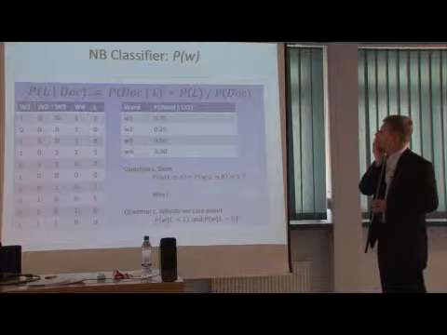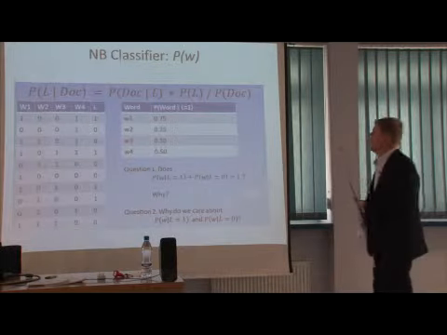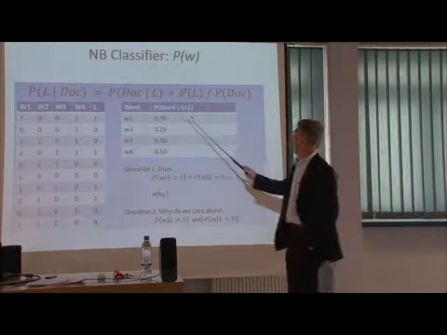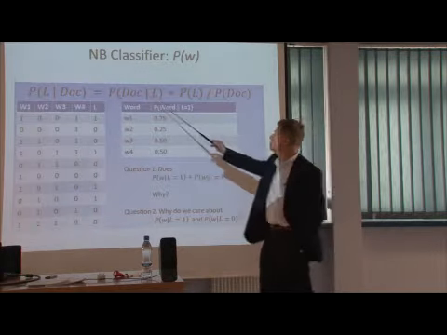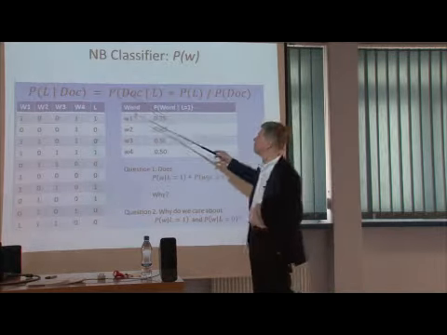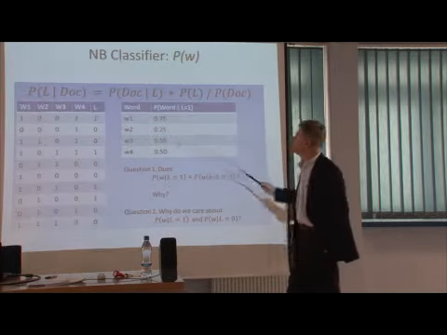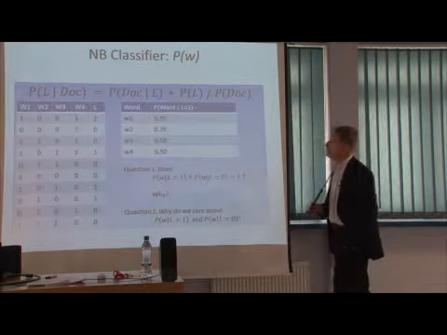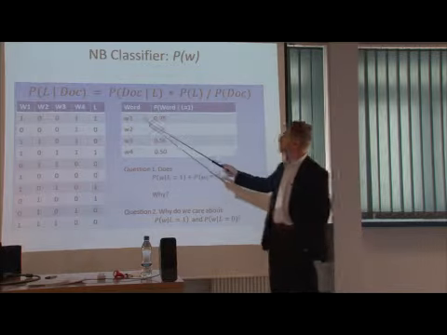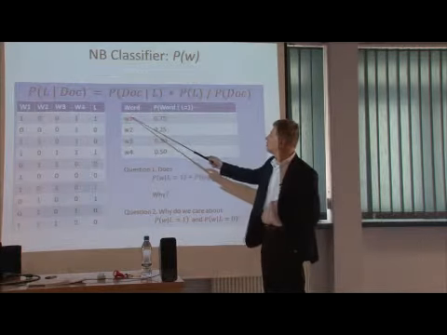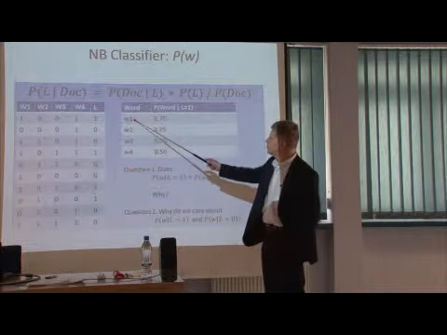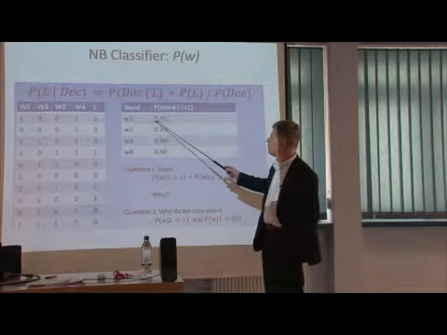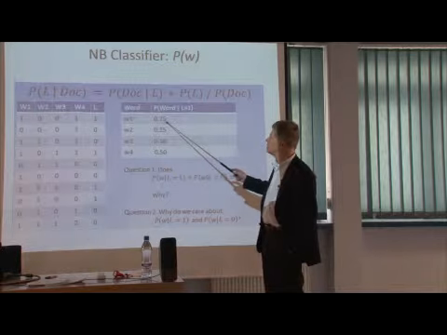We are looking at the probability of a word given label 1. We really don't know what to do with this doc, but we can compute some of these. So how representative is word 1 of label 1? Well, word 1 appears in 75% of the documents that have label 1.